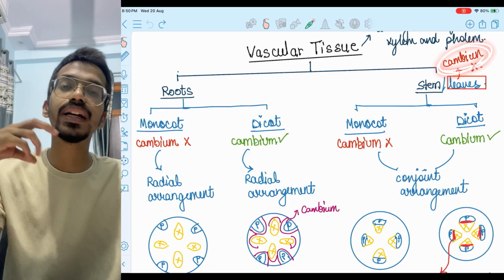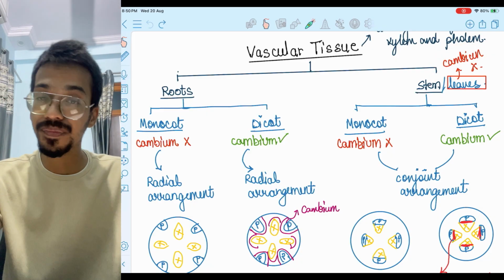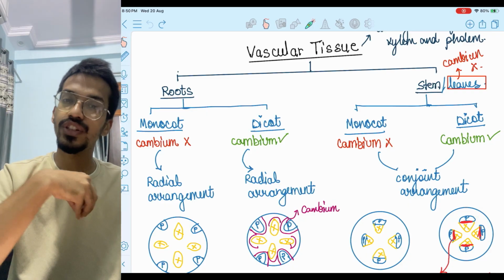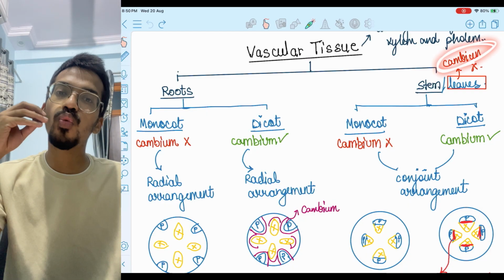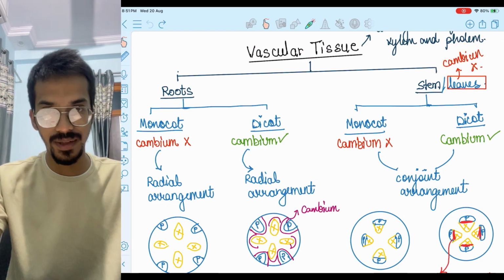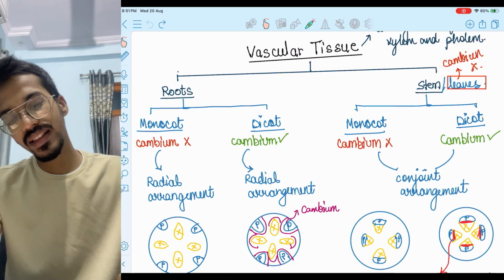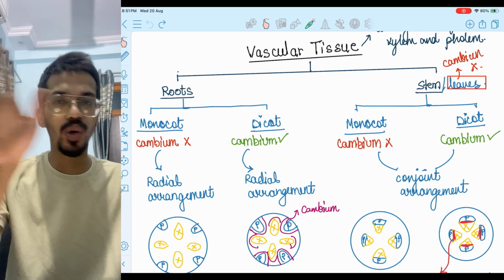What is cambium? It is a tissue layer which has meristematic activity. The tissue with meristematic activity is called cambium tissue. Why have we not talked about that? It constitutes the ground tissue system only. Now in the roots and stems, cambium will be present, but in leaves it won't be present.